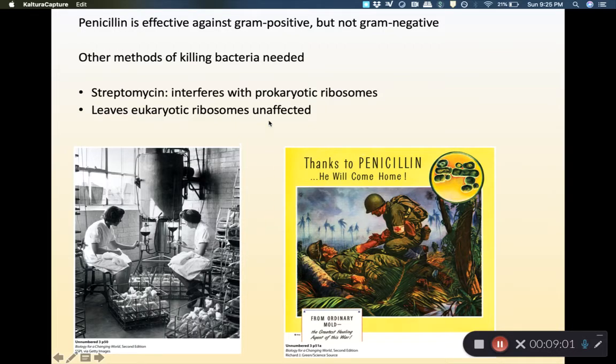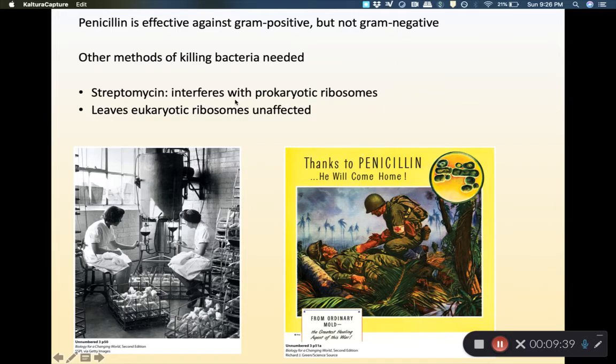For example, streptomycin can interfere with prokaryotic ribosomes and leaves the eukaryotic ribosomes unaffected. There are lots of different types of antibiotics that react with the different structures of prokaryotic cells, and now we have lots of bacteria that are antibiotic resistant, which has led to a lot of the processes we discussed in our previous lecture.